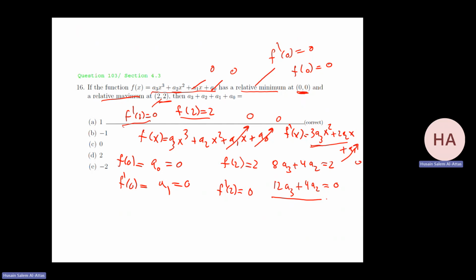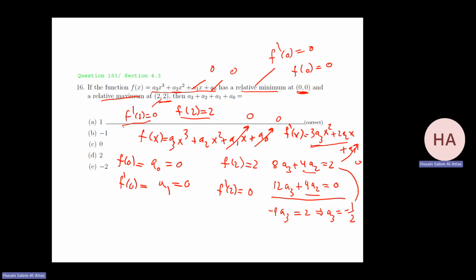I can subtract them since this is the same. I have what? Minus 4a3 equal 2. So a3 equals minus half.